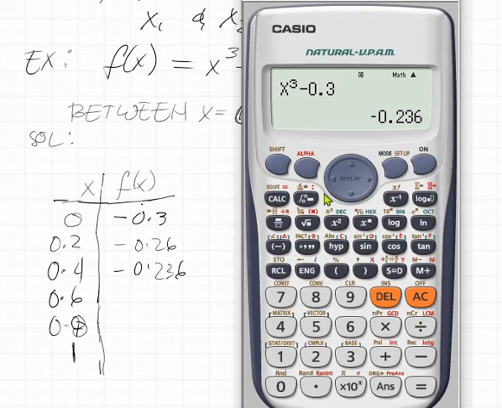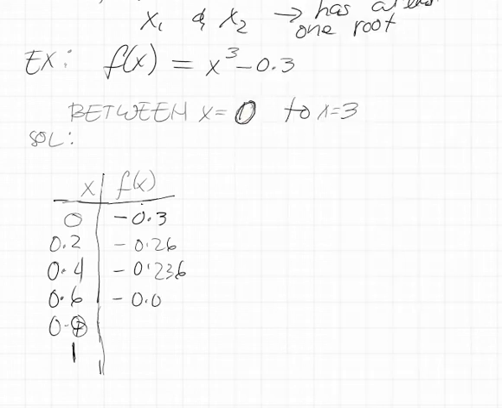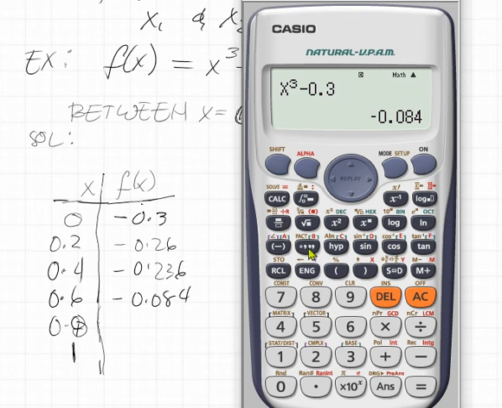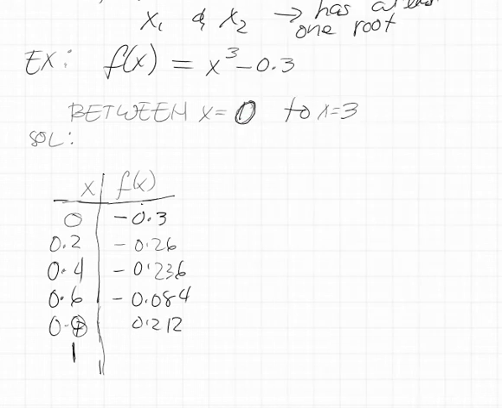Then next for 0.6, equals negative 0.084. Then for 0.8, equals 0.212. Then for 1, it's equal to 0.7. Now let's plot this.